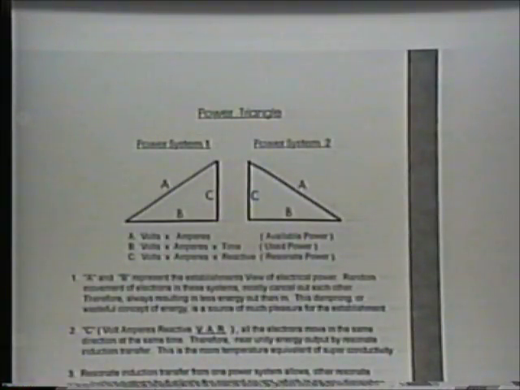Now, at that point, you've got high voltage with not a lot of amps, but the amp business is not going to be a problem for us because we're not going to be using the system that we have at the top there. We're only going to be using the lines of magnetic flux.